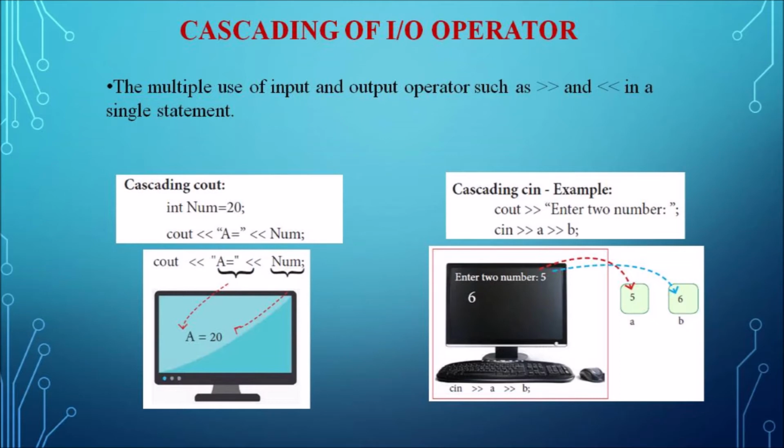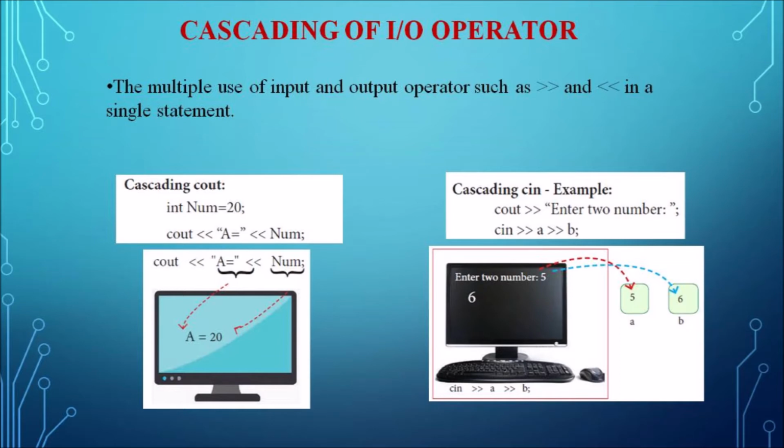It means that the values given within double quotes in the cout will be displayed on the monitor. Next, again the output operator is used, and you see the variable num, it is not given in double quotes. It means that the value in num will be displayed.